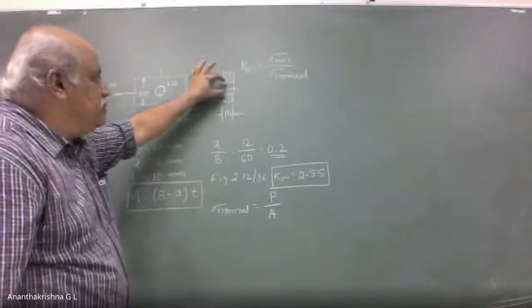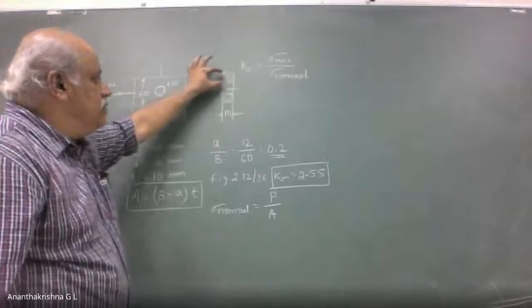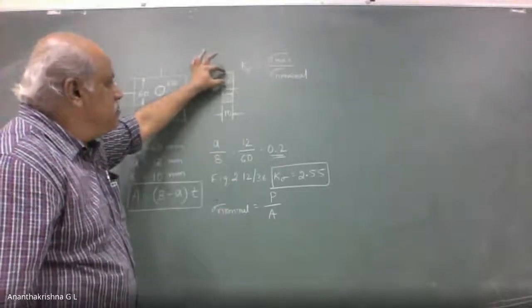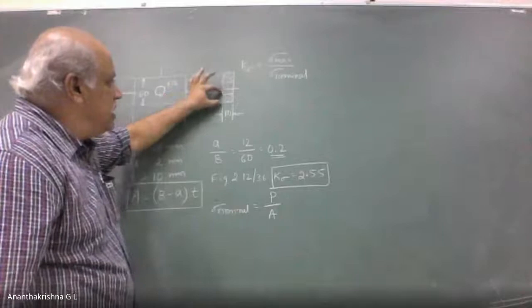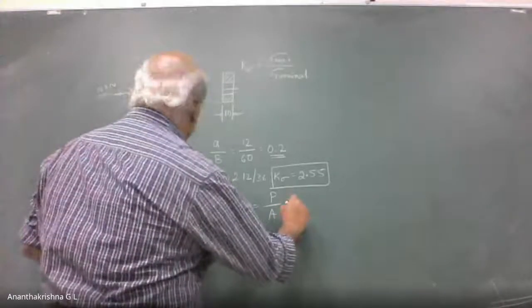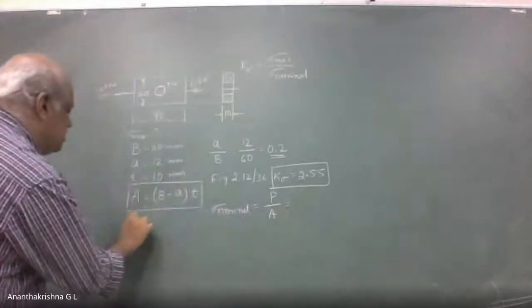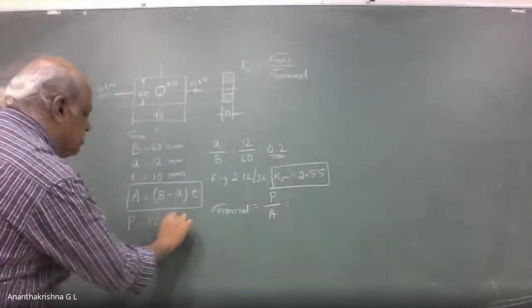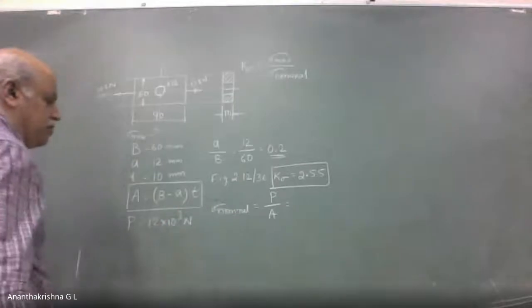Essentially, after removing this hole, what we have is the solid part of the member. This part and this part put together is the total area. The load is 12 kilonewton, so from the figure, P is equal to 12 into 10 power 3 Newton, given in the problem.